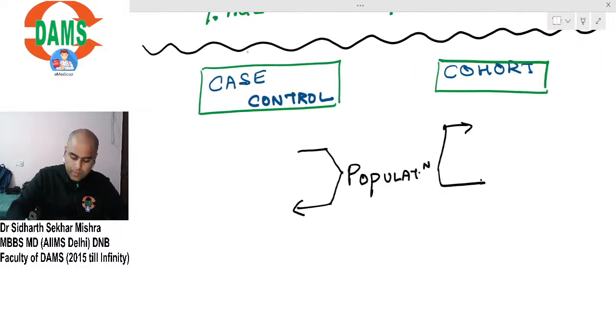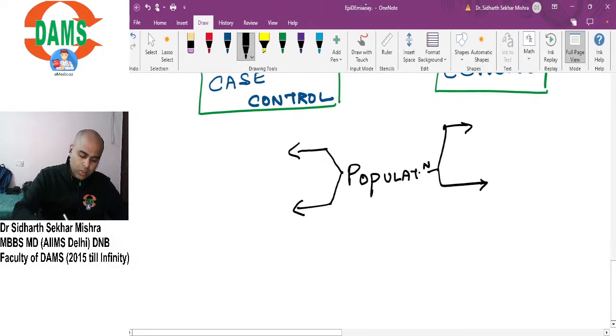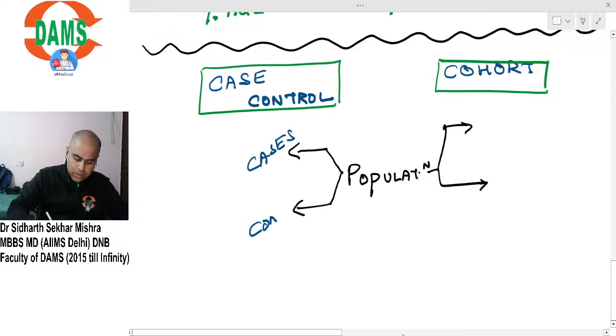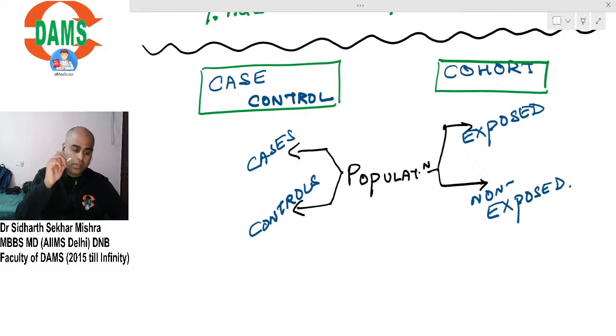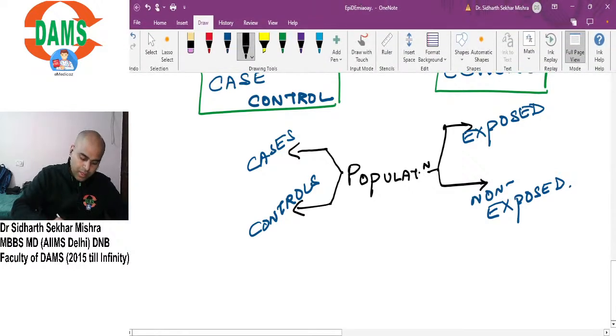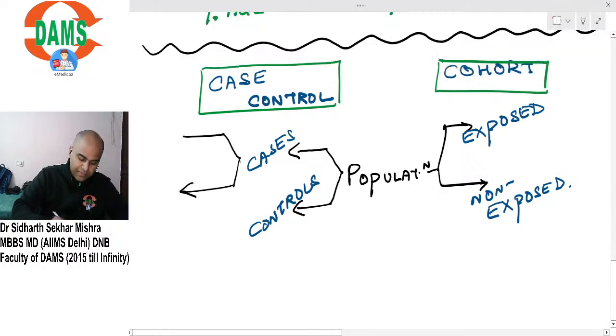Yes, in a case control, we compare cases with controls, whereas in a cohort we compare exposed with non-exposed. This, my dear students, is the main difference between a case control and a cohort. Never ever forget this in your life.